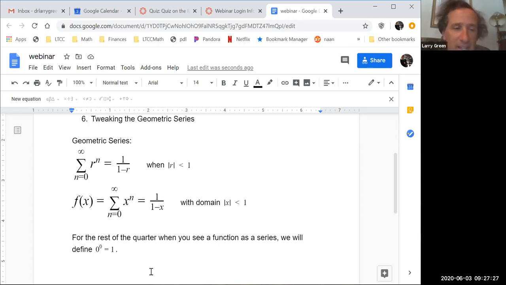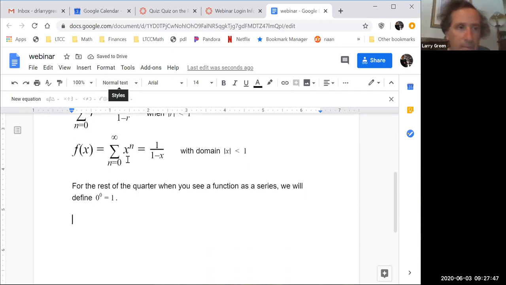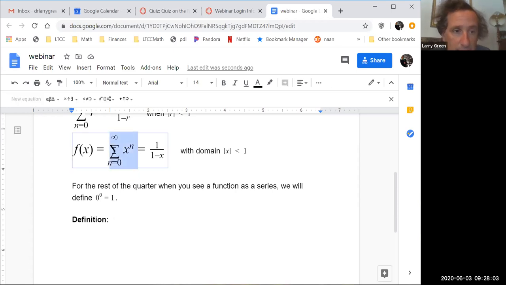Okay, so I like to think of this as kind of the easiest non-trivial example where we have a summation and it involves x's. All right, now it's time to get into the big general definition, and this is really important. This is a definition. And that is, I can copy and paste and change.